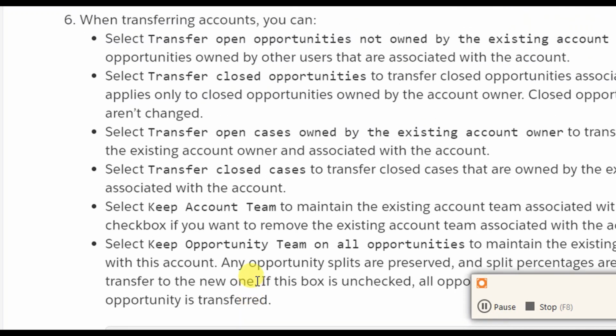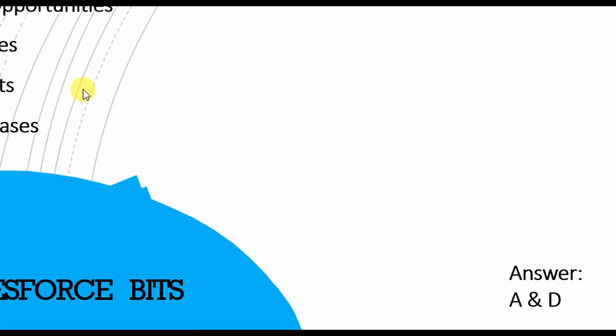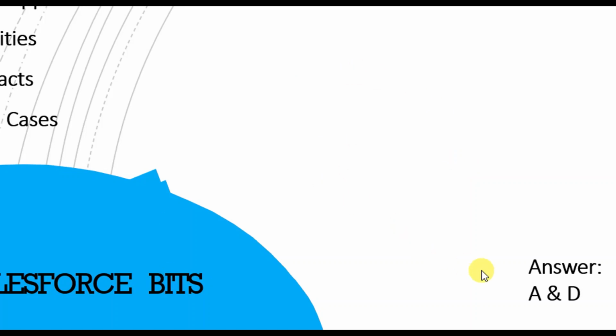So there is no option to select activities or contacts, so it will be open opportunities and open cases as per this document. So the correct answer is A and D.